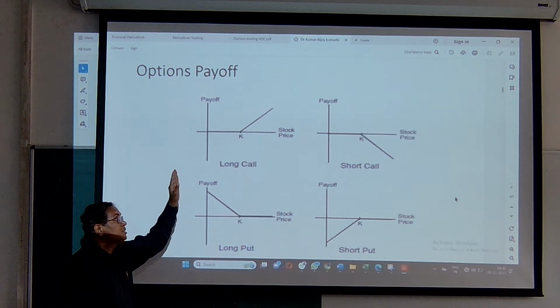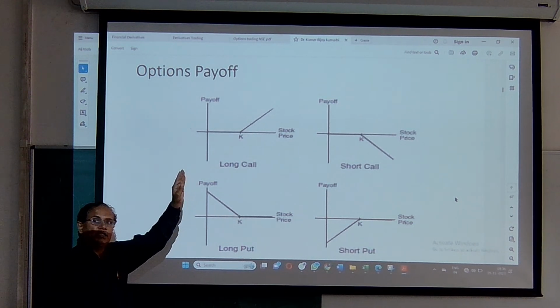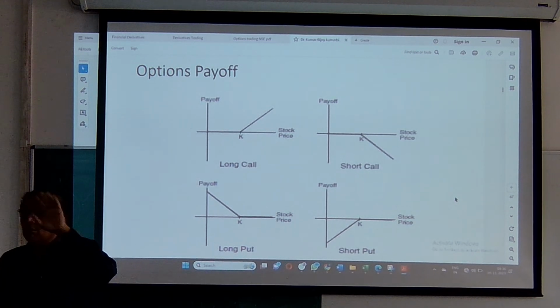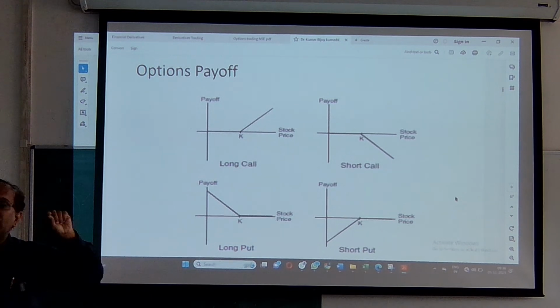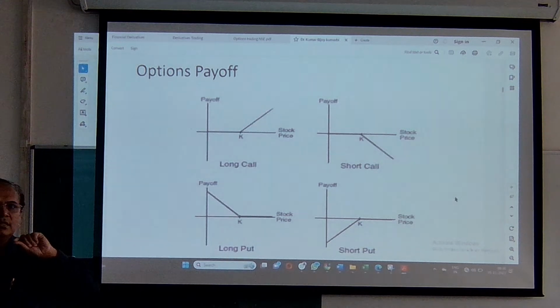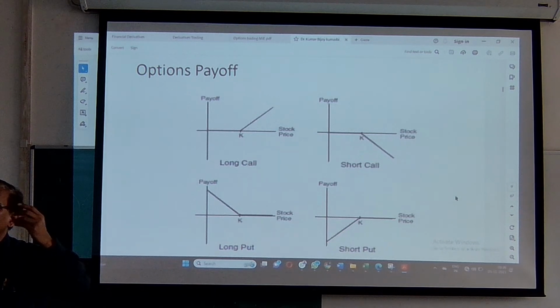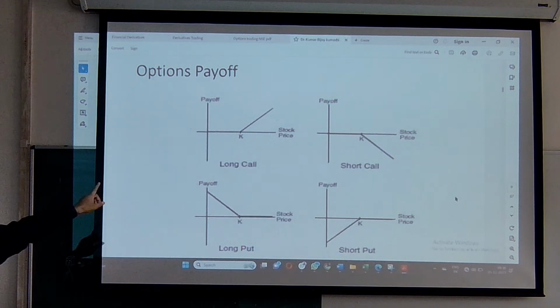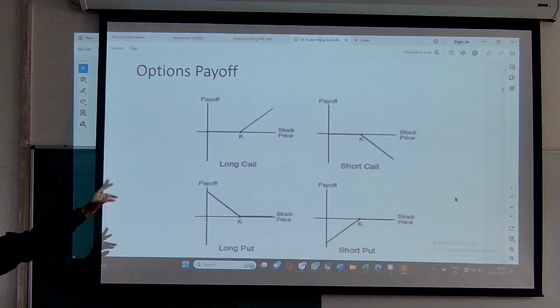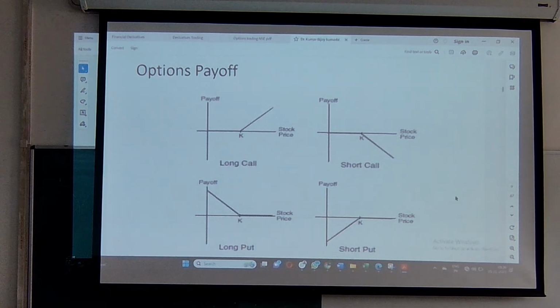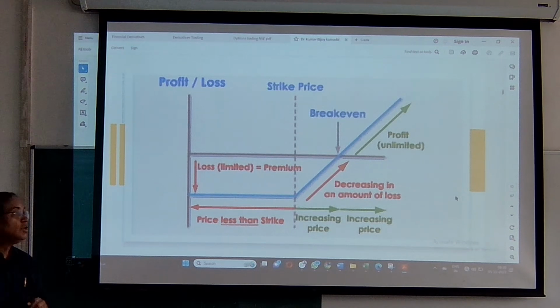The moment price moves up, you will be exercising your option and you will be gaining out of it, because the 20 paisa per dollar which you have paid upfront as an option premium is actually your sunk cost. You have already paid. So whether you exercise or not, that amount has already gone. So that should not be part of your decision making. Decision making will be based on the payoff. But when you make a cash flow calculation, you will be adding your 20 paisa premium also.